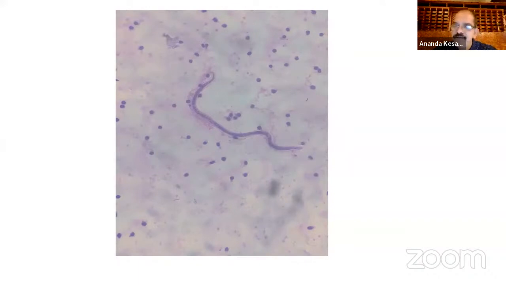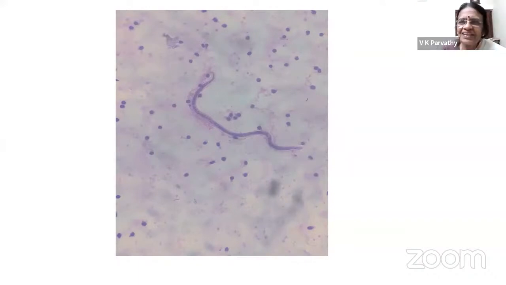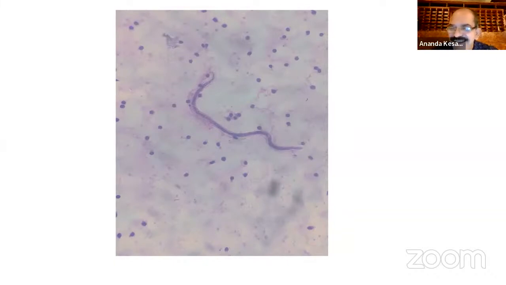Routine smear only. Regarding the thyroid cases, I would like to get the opinion of the pediatric surgeon. Dr. Shashikumar is there, no? Sureka, your husband is there? Madam, he is the wife of Dr. Shashikumar, a pediatric surgeon.